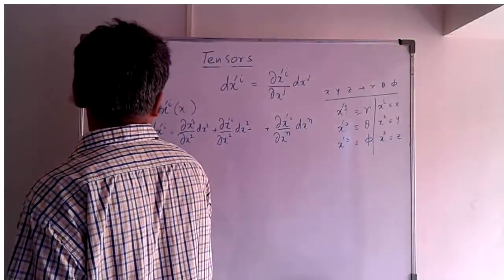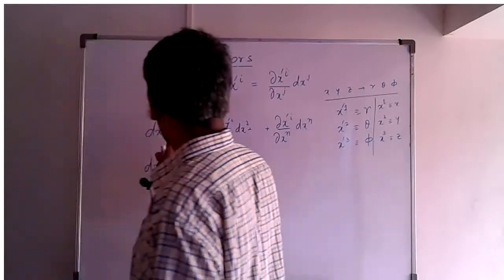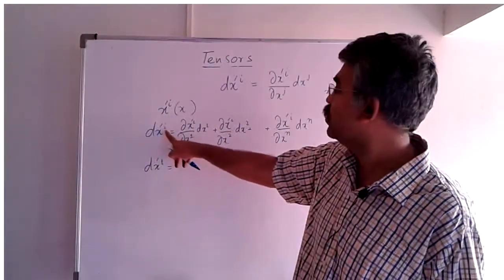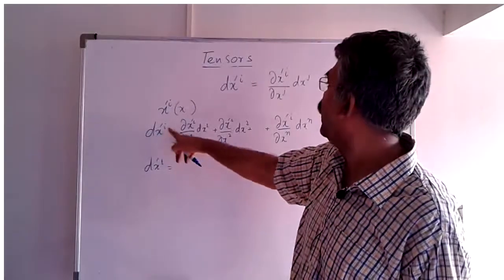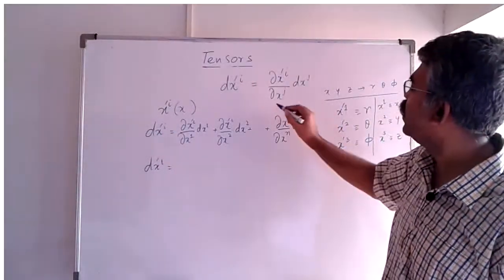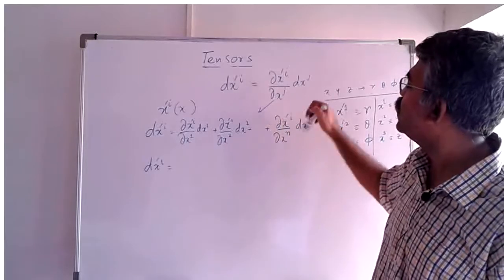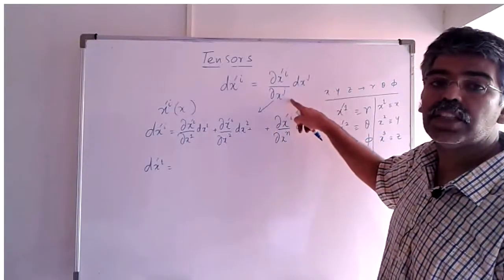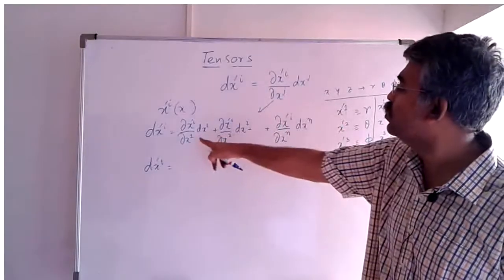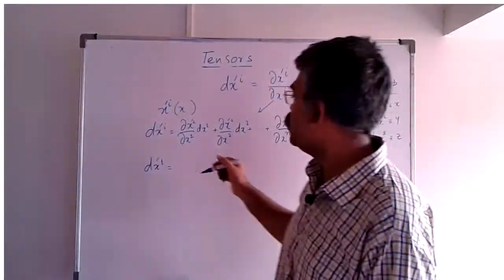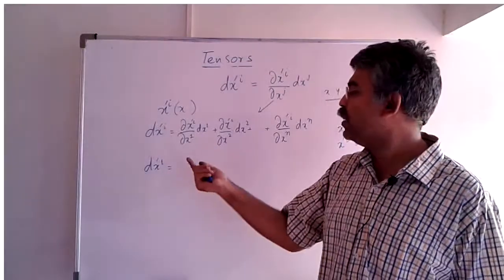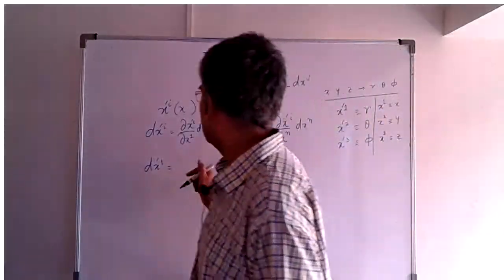Fine. Now what will be dx prime 1? This i is the free index. See what I have written: I have just expanded this sum. This j is the dummy index. j goes from 1 to n. So if you choose every i, when i is equal to 1, this is dx prime 1.